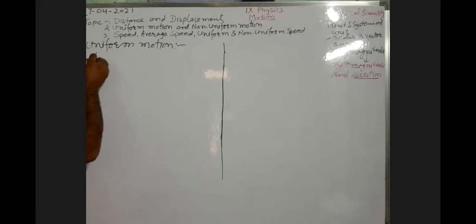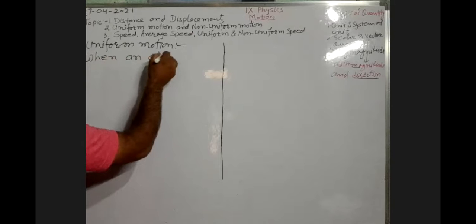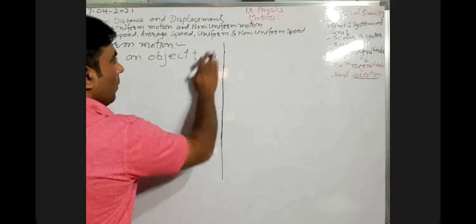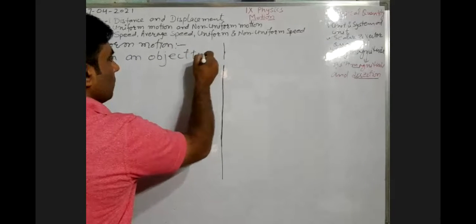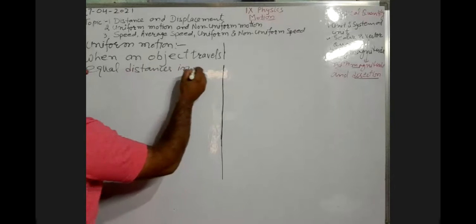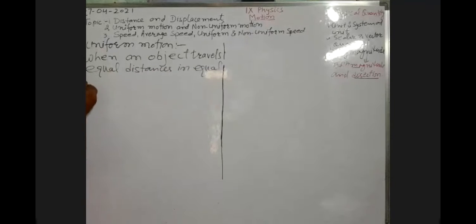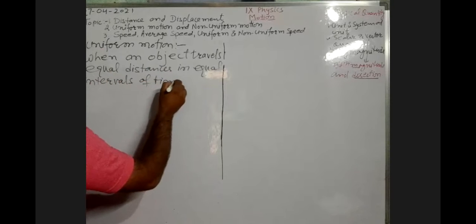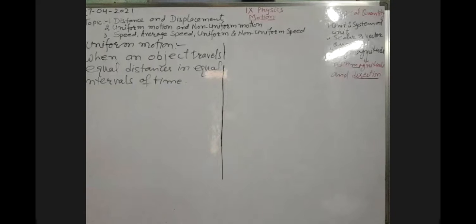When an object travels equal distances in equal intervals of time, the motion is said to be uniform motion.